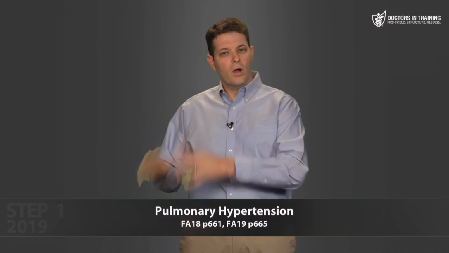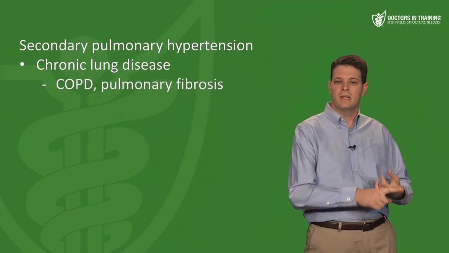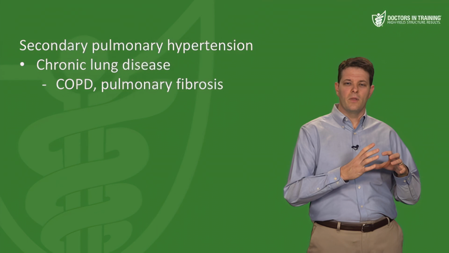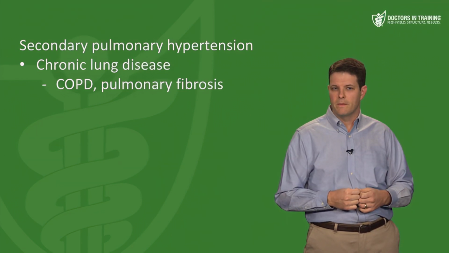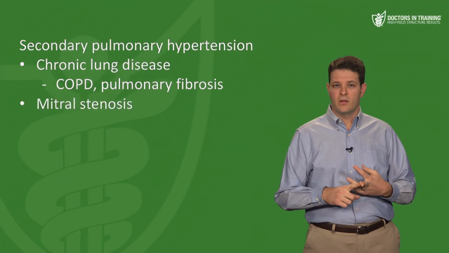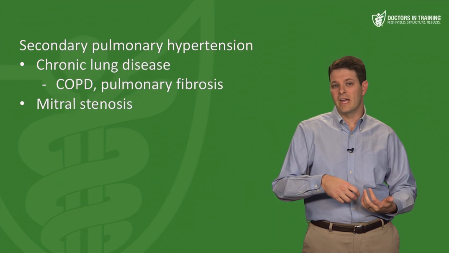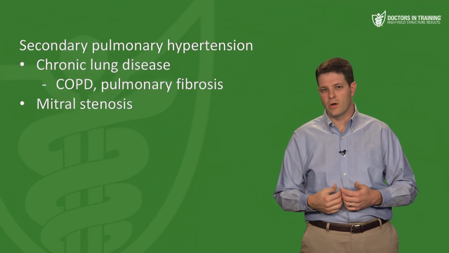So if that's primary pulmonary hypertension, what about secondary pulmonary hypertension? What causes that? Well, we mentioned before how it can be caused by chronic lung disease like COPD or pulmonary fibrosis. Remember, with chronic lung disease, the pulmonary vessels are all going to be clamped down, and that's going to lead to pulmonary hypertension. And you can get pulmonary hypertension secondary to mitral stenosis because of increased resistance and increased pressure being transmitted backwards from the left atrium to the pulmonary veins and capillaries. And finally, that pressure is transmitted to the pulmonary artery.